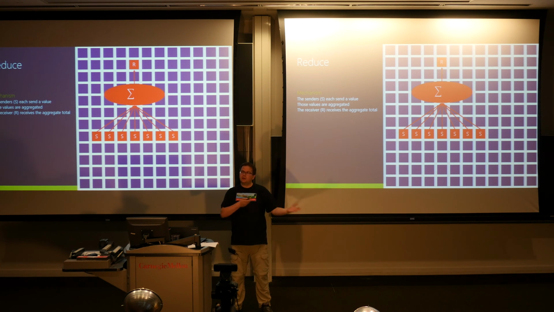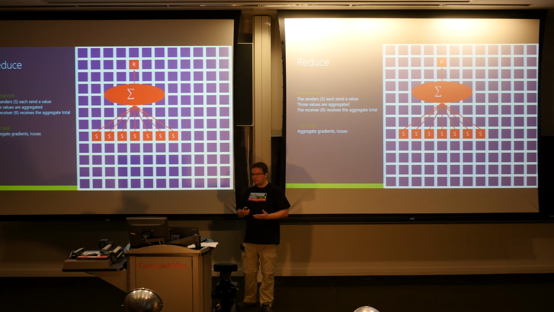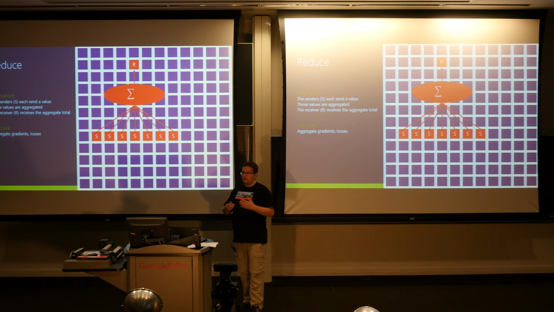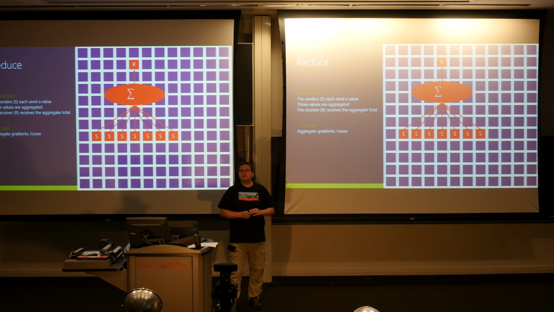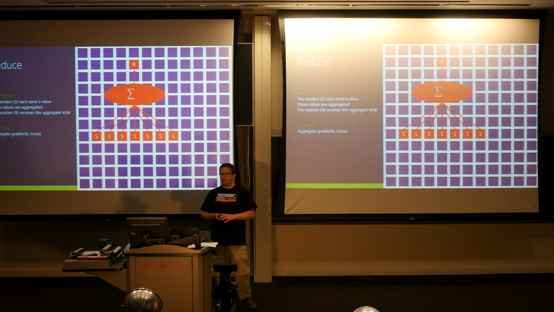So again, in the case of a simple gradient descent, the gradients would be computed on all of the machines. They just got broadcasted the model. Then they go ahead and compute a gradient on that data set and send the gradient up into the reduce operator. And then the master node would get all the gradients, update the model, and continue.